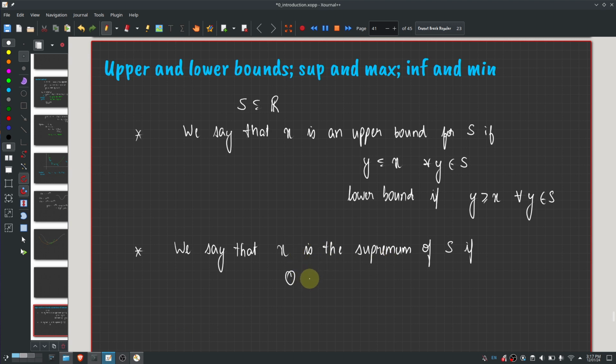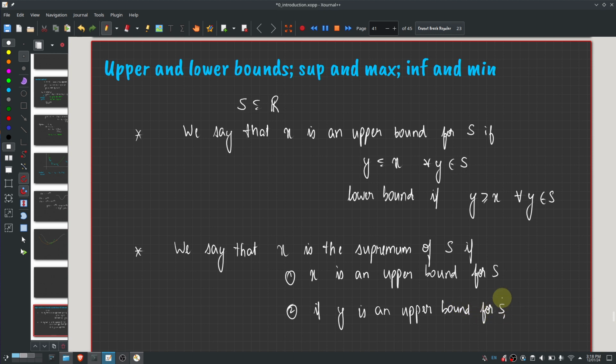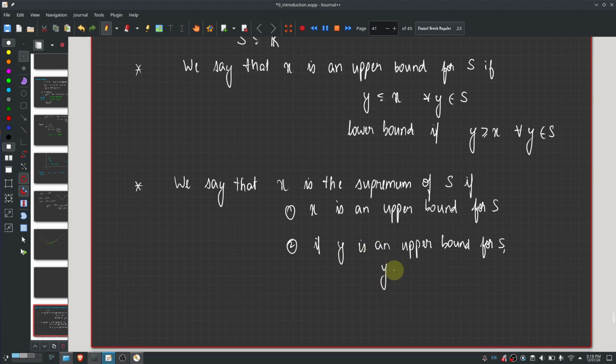So firstly, x should be an upper bound for S. Right, and it's the smallest upper bound, which means that if we have any other upper bound y, then y would be greater than or equal to x.